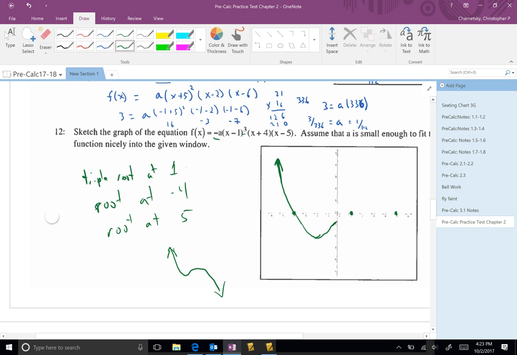Like a cubic polynomial, we're going to bend a little bit and have a little kink as we go through the root there. Then we're going to have a local maximum and then bend down straight through our last root, and there's our end behavior there. And that's what our polynomial should roughly look like.